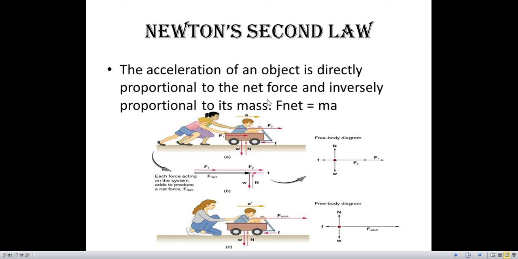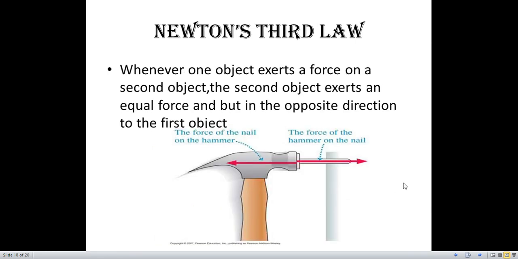This is to say, the bigger the mass, the less acceleration it's going to result. Look at the diagrams very closely. You have a diagram whereby each force is acting on the system to produce a net force. So look at the bodies as well and understand them.